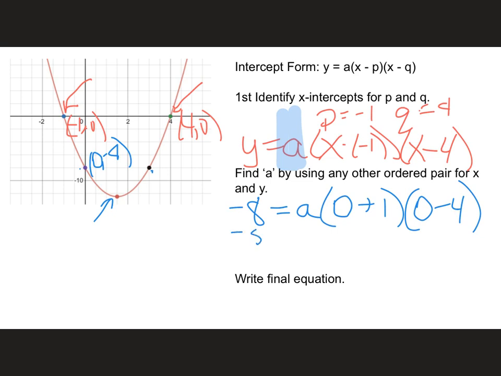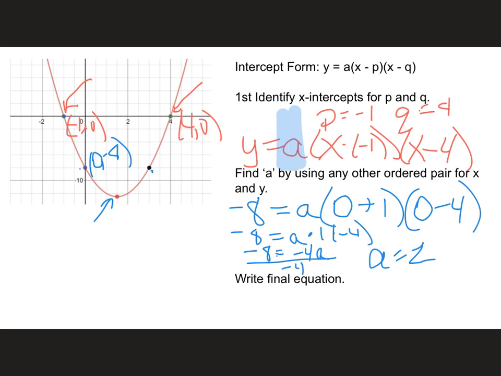So this would be negative 8 equals a times 1 times negative 4, or negative 8 equals negative 4a. And then to solve for a, I would divide. So a would equal 2, because negative 8 divided by negative 4 is 2.